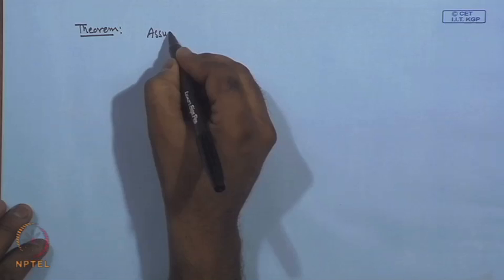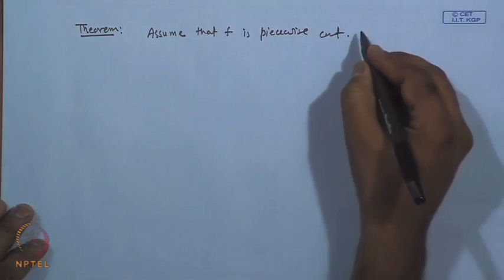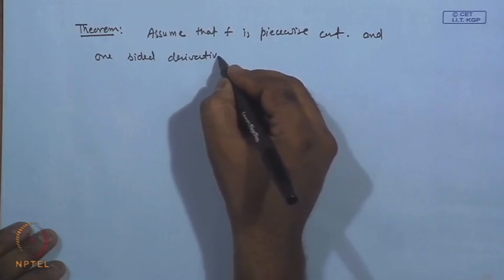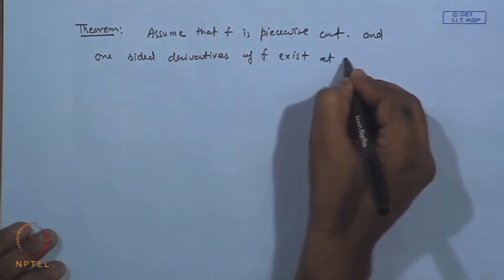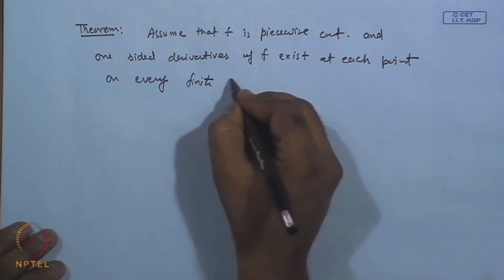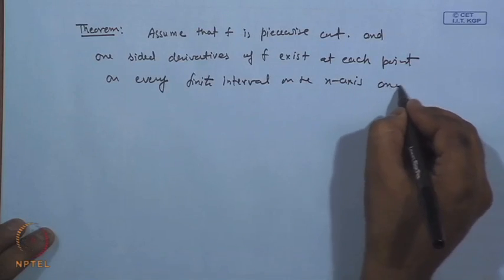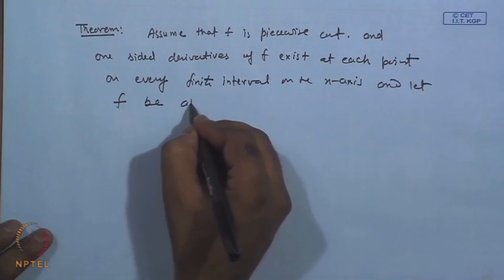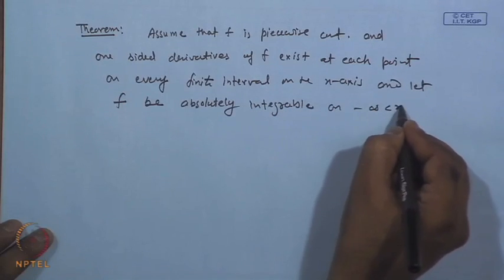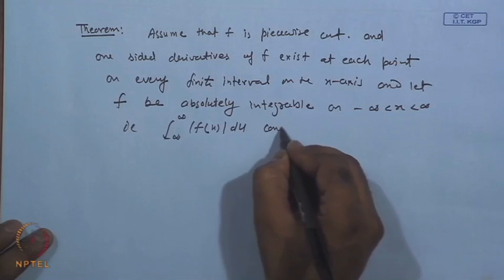So, let us summarize this theorem. So, we assume that f is piecewise continuous and one-sided derivatives of f exist at each point on every finite interval on the x axis, and let f be absolutely integrable on minus infinity to plus infinity, that is, the integral of the absolute value of f(u) du converges.